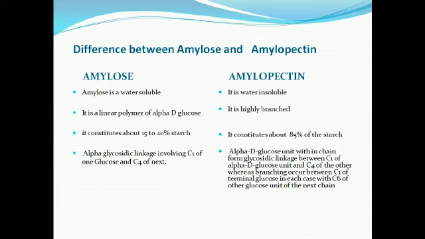But in amylopectin, alpha D glucose units within the chain form glycosidic linkage between C1 of one alpha D glucose unit and C4 of another, whereas branching occurs between C1 of the terminal glucose in each case with C6 of the other glucose unit in the next chain.